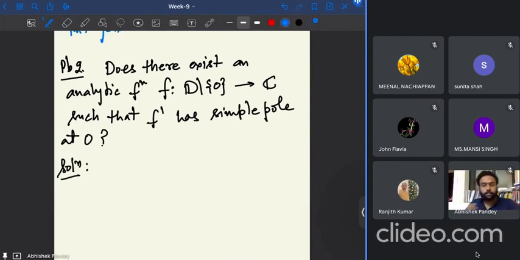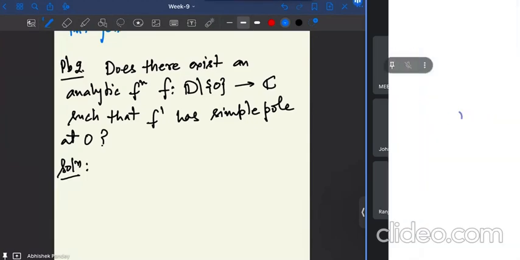So any idea, anyone, how to solve this one? Any idea? You can think for 1 or 2 minutes.